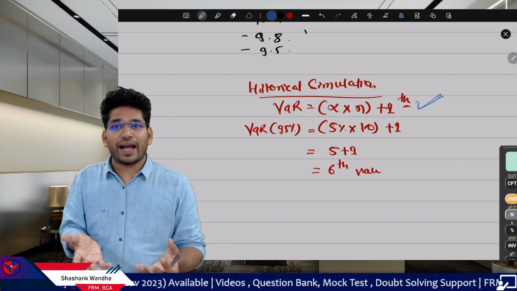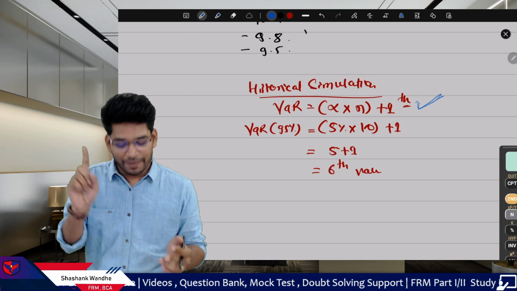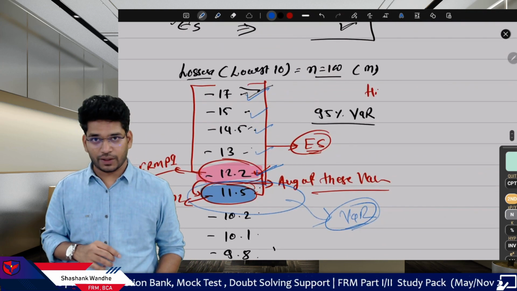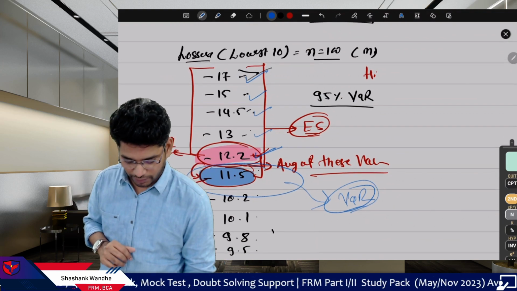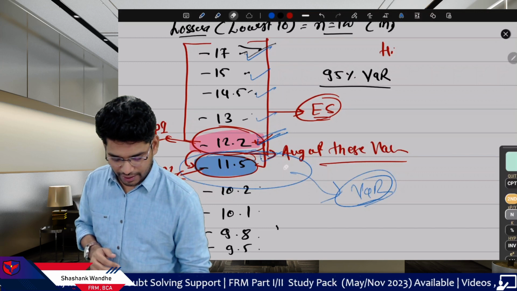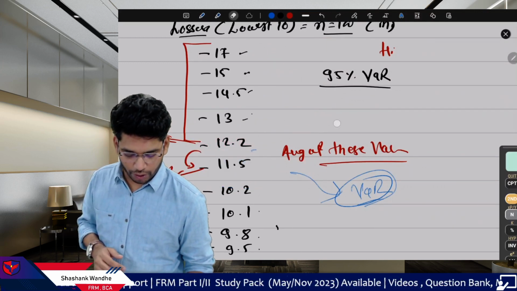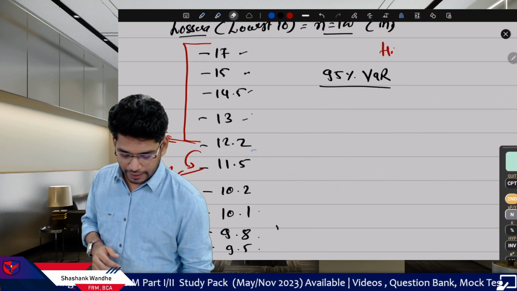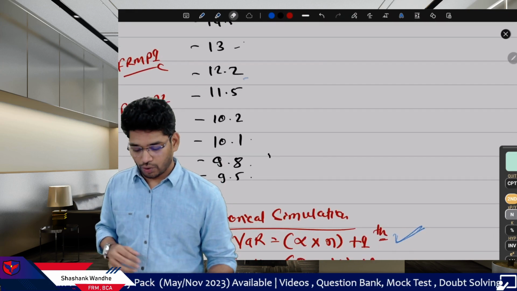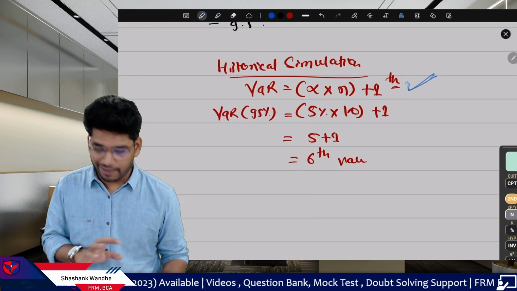Because GARP knows students make this particular mistake, GARP will provide you both options, and that's the reason your confusion will increase in the exam. So make sure you don't fall for these tricks. Be confident and know your approach properly. You must remember all these things.